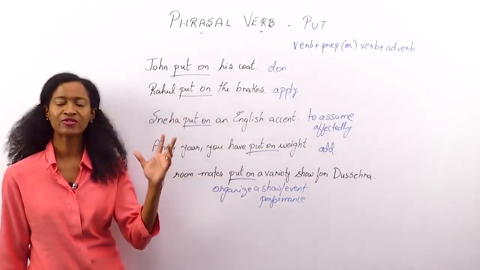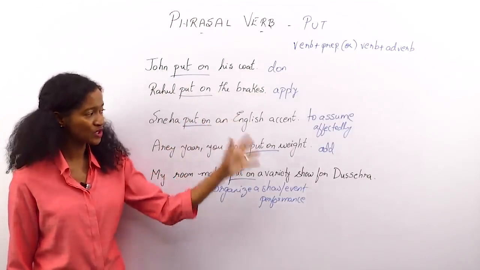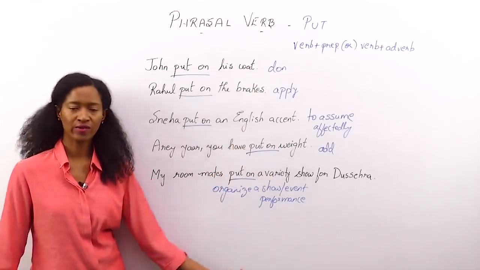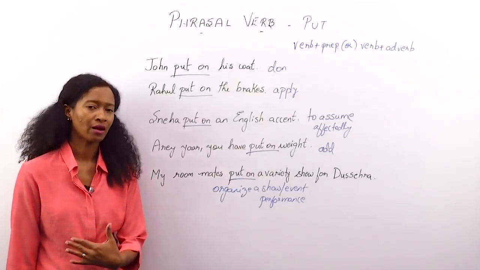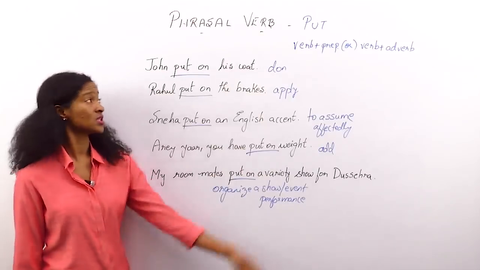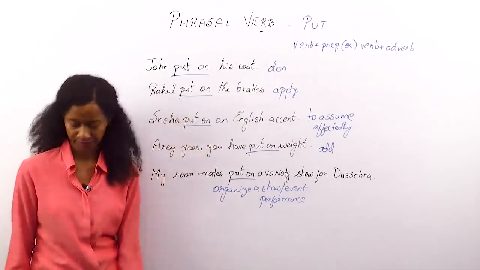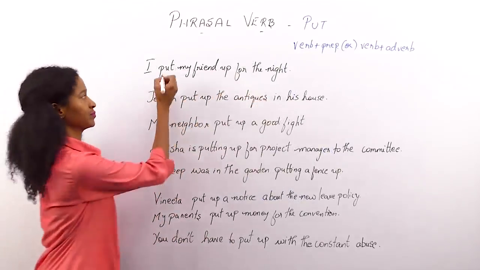So again, we see the phrasal verb put on with different meanings: don, apply, to assume effectively, add, to organize a show, event or performance, and I'm sure there are other meanings as well. But let's look at the next couple of sentences and see what phrasal verbs we have with the verb put. I put my friend up for the night.